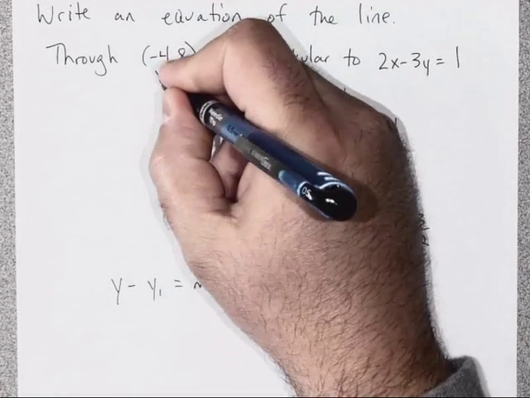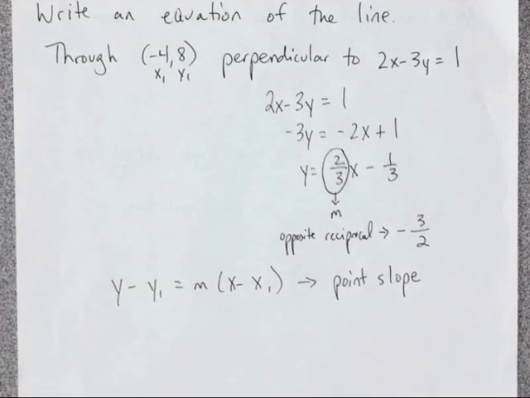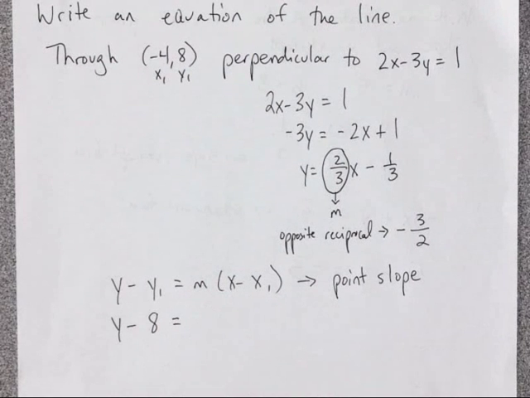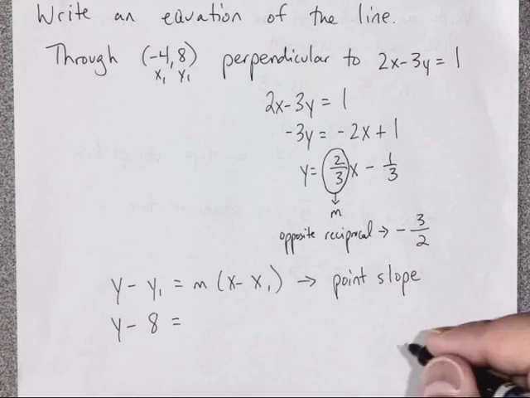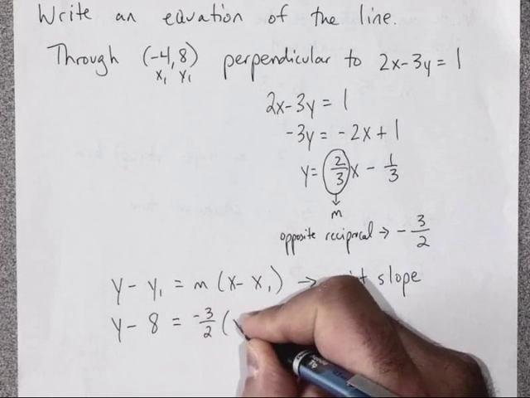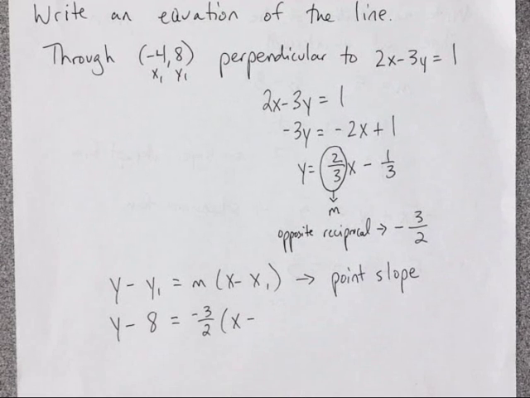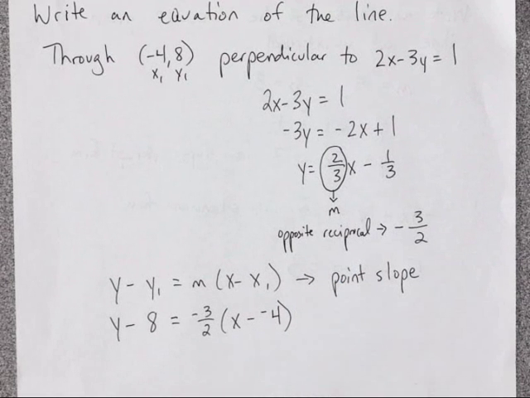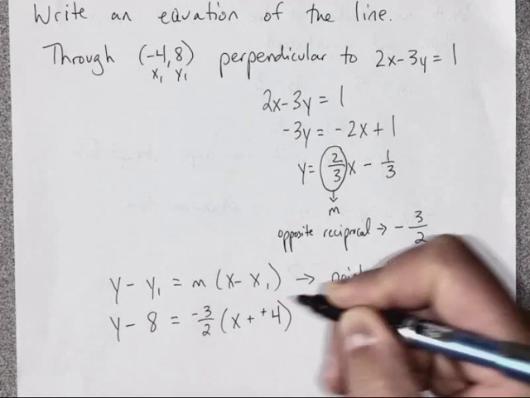Here's my point. So I'm going to plug those values in here for x1 and y1. I'm going to put the opposite reciprocal that we found for our slope. That's what we need. And subtract -4. So once again we got double negatives here, so those are going to turn to positives.